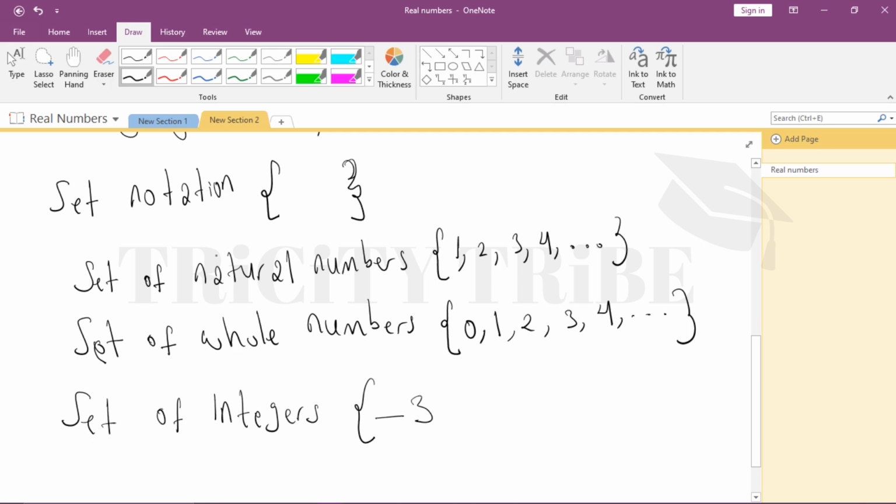Let me start from this since I have where's my eraser? Can you see how I started with the negative numbers?